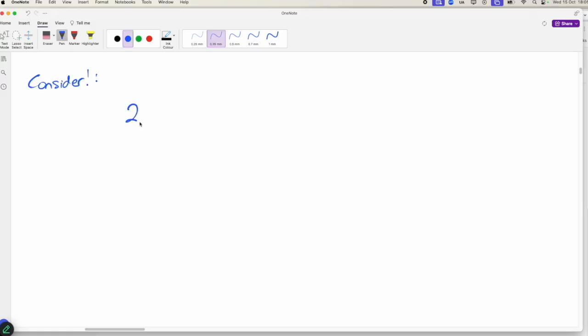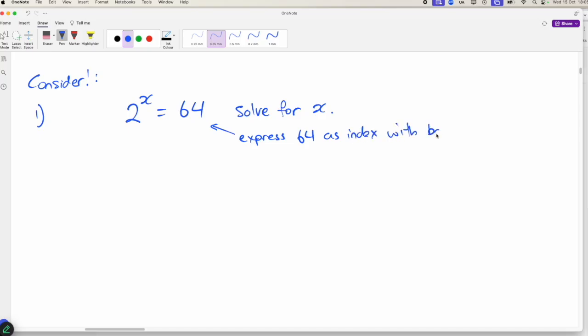Consider 2 to the x is equal to 64. We had to solve for x here, right? If we could express 64 as an index with base 2, this implies that 2 to the x is equal to 2 2s are 4, 2s are 8, 2s are 16, 2s are 32, 2s are 64.